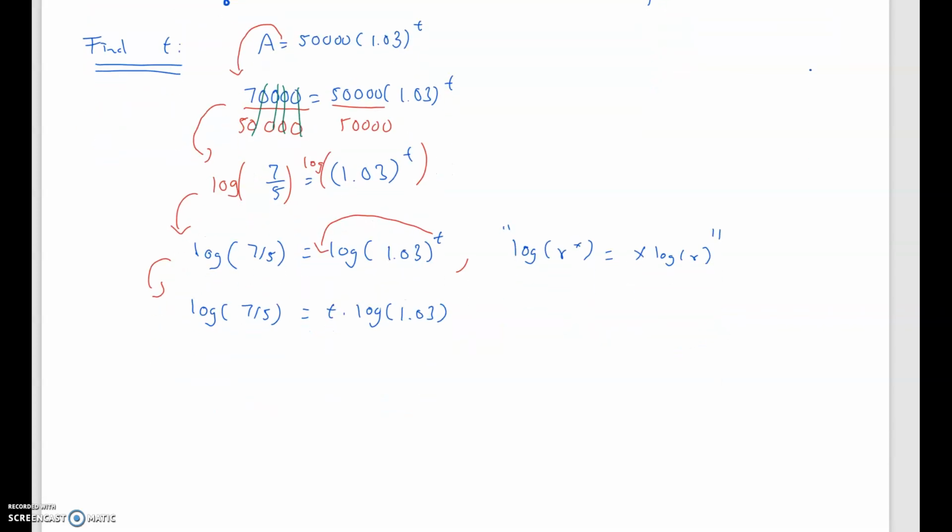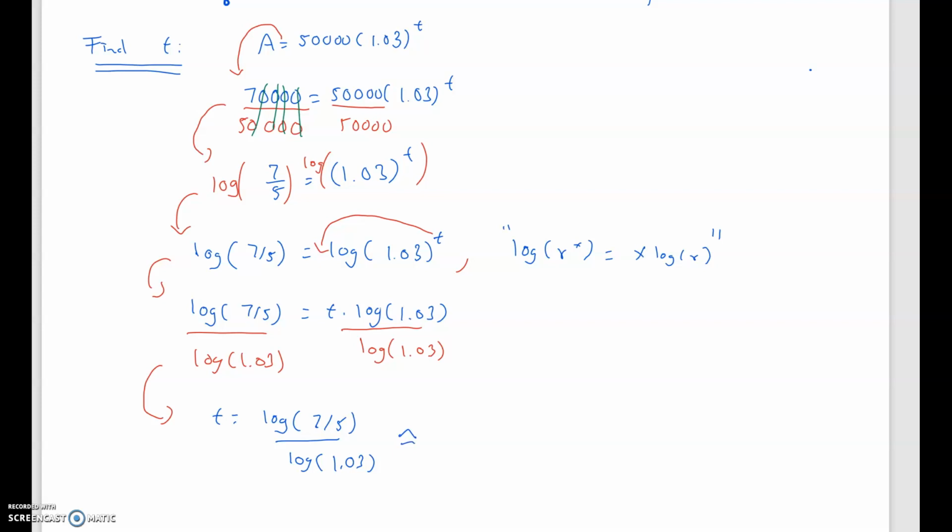And then our last step is going to be to divide by the log of 1.03. Okay, and then let me write it as T is equal to the log of 7/5 divided by the log of 1.03. And please evaluate this on your calculator.